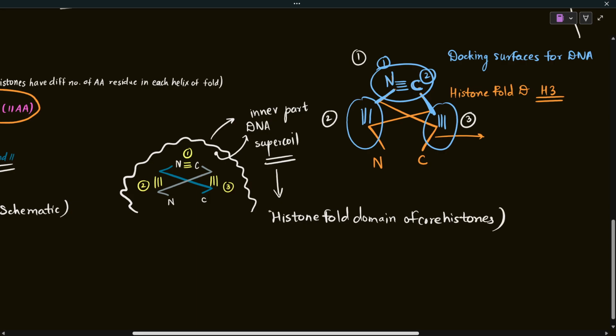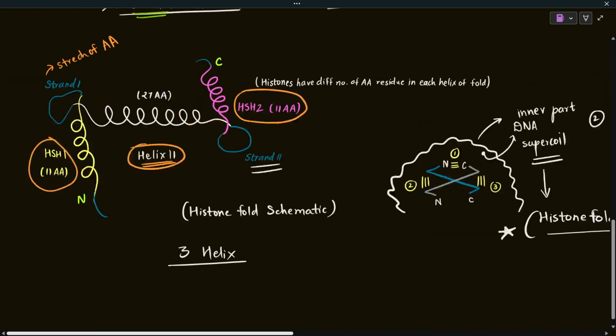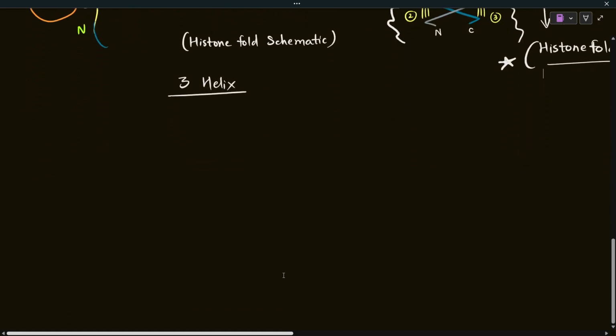This is a very important statement, so take note of it: the inner part of the DNA supercoil wraps itself around the histone fold domain of the core histones. So that's it for today. In the next video lecture, we'll learn about chromatin remodelers.